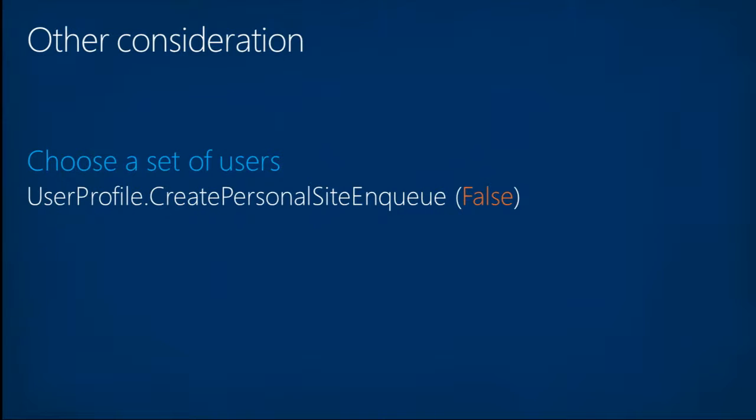So Create Personal Site Enqueue might be useful in that scenario, if you want to have a pre-provisioning strategy in place that will help you get things going at a much faster rate.